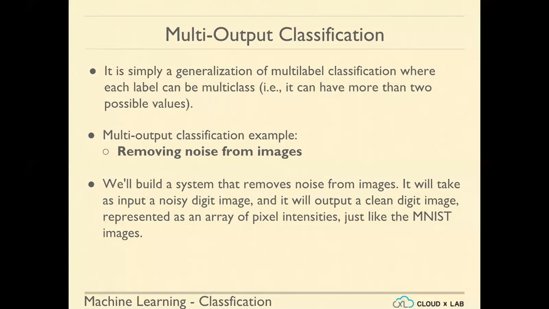Yeah, that's right. In case of multi-class, we had 0 to 9 as the classes. In case of binary classification, we had not 5 and 5 as our classes.